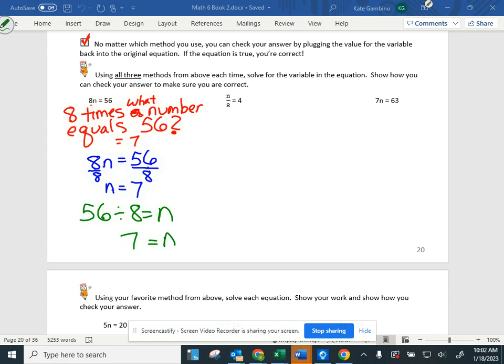Okay, so then let's look at our next one. n divided by 8 equals 4. What is my logic sentence? If it was multiplying, it was 8 times what number? Lucia, or Nora?